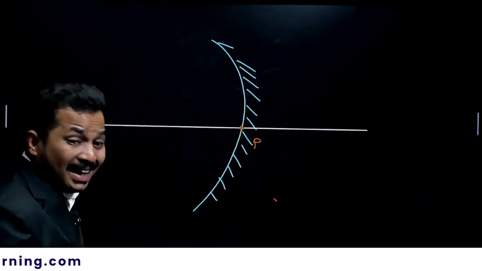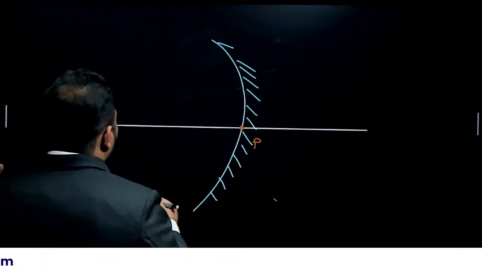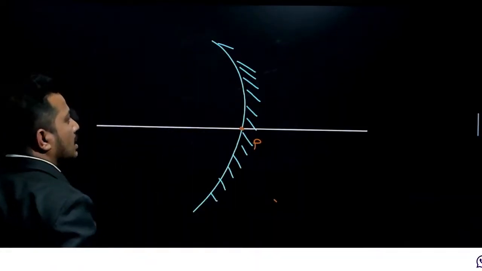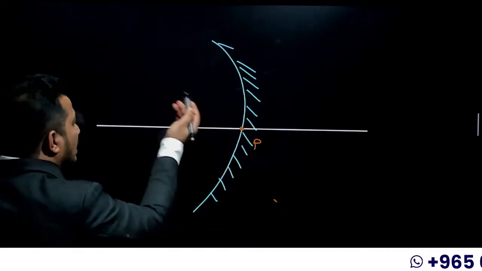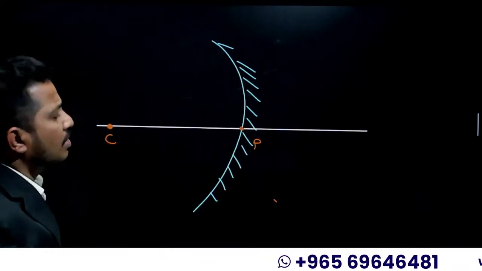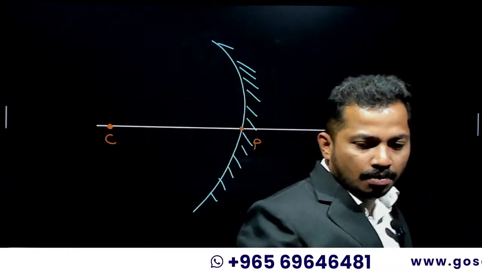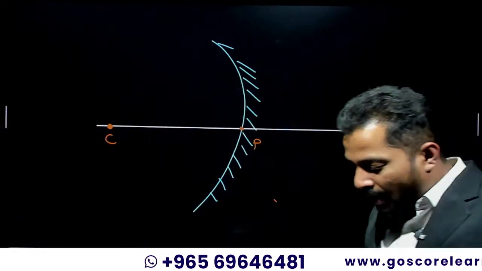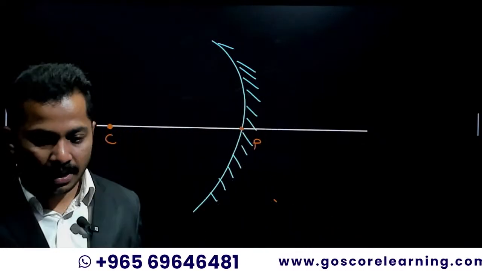Then you take a scale and measure a certain distance. If you are taking the radius of curvature as 10, then at 10 centimeter from it you can mark C, the center of curvature. The center of the arc, the point in which you have placed the compass needle, you can mark as C.